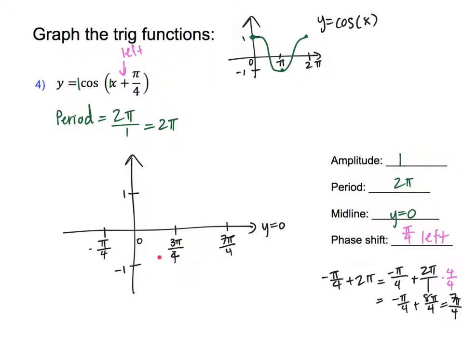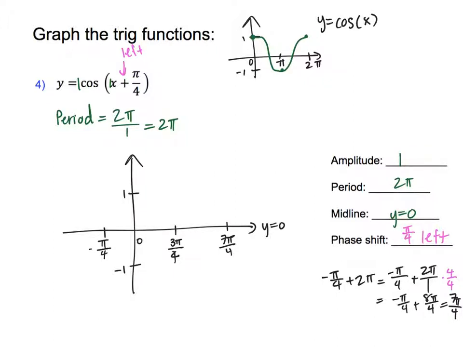That's about the halfway point. By the way, if you're struggling with this, you can just take 7 pi over 4, halve it, and add it on to your phase shift. That also works. I just find that sometimes my number sense makes it a little bit easier. I can figure out where the middle part is by just thinking about the fractions.